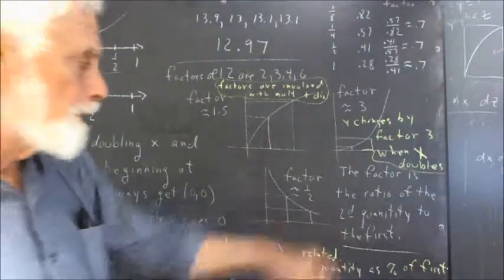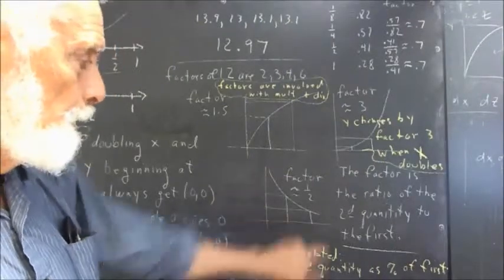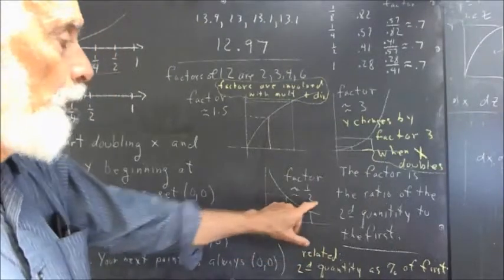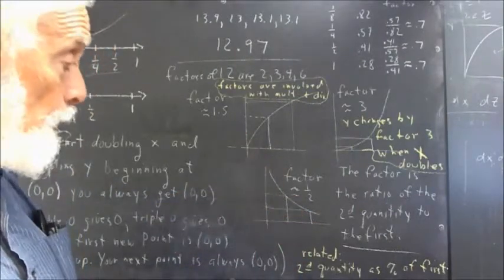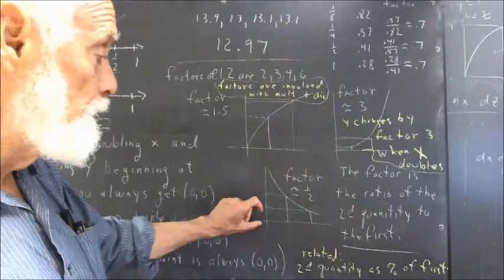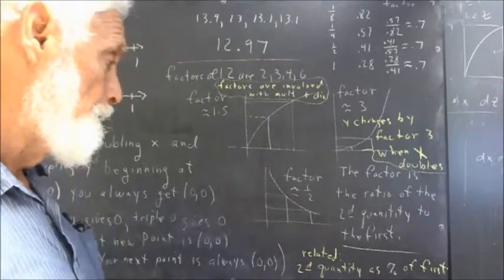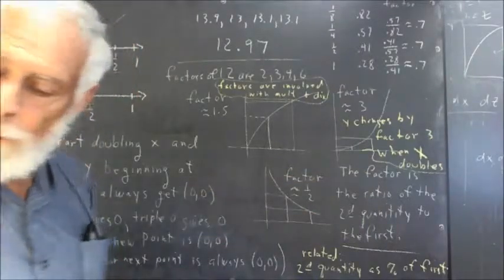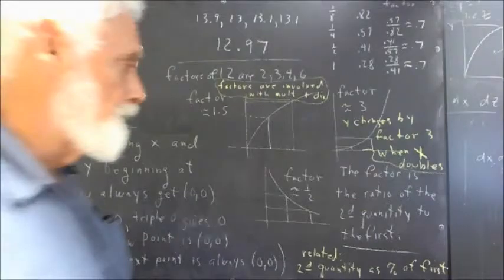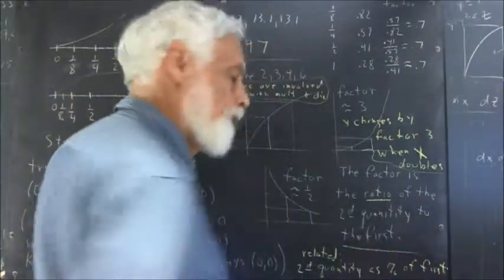What's the factor in this case? Well, y goes from this to this when x doubles. So the factor is about 1/2, if I've drawn these reasonably well. In other words, this is about 50% of this, about 1/2. That's the factor. So another way to say what a factor is: it's the ratio of the second quantity to the first.